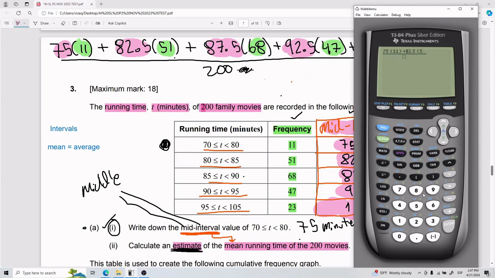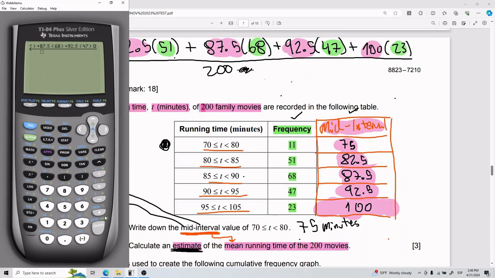Technically, you can put it into one var stats, use a frequency list and stuff like that. But I'll just show it like this, all right? I think it's a little bit more intuitively easy to follow if I show it like this. But yes, you can go into one var stats. Anyways, divide by 200, bada bim, bada boom.